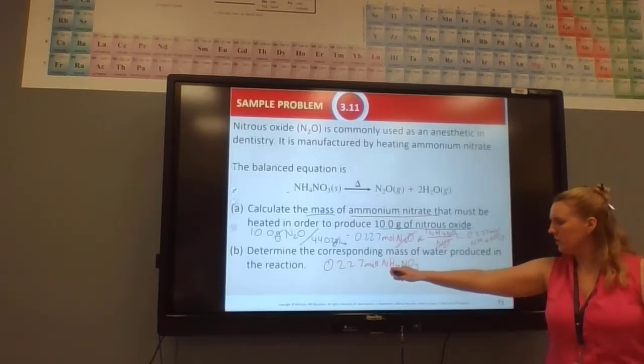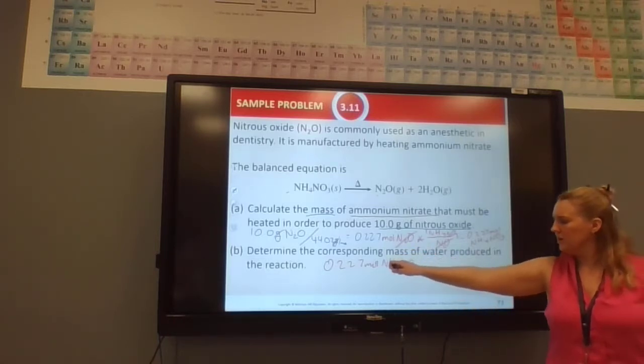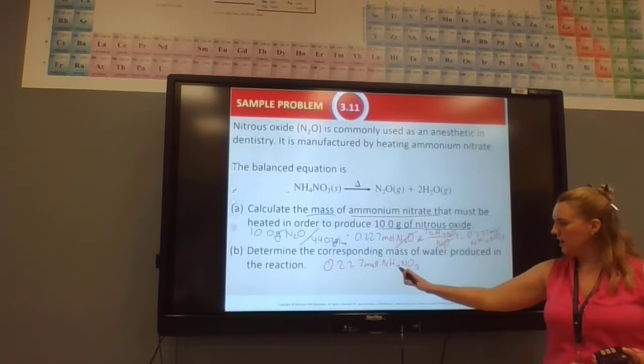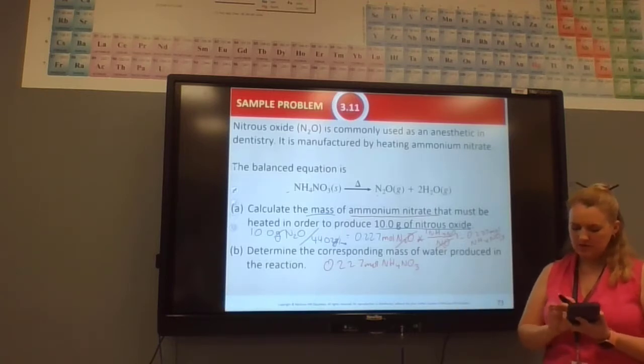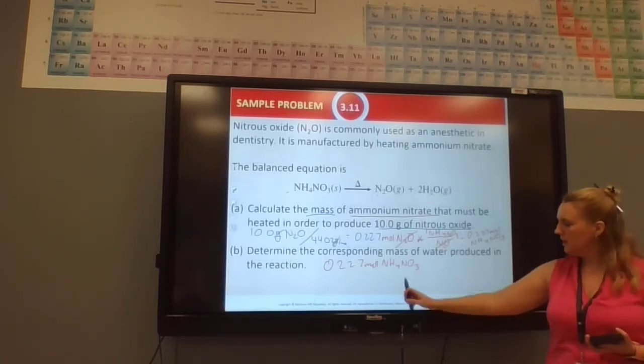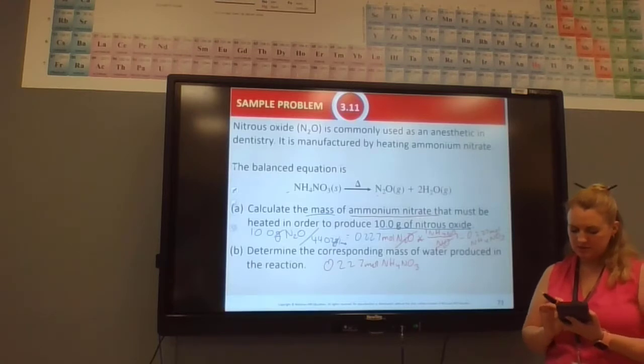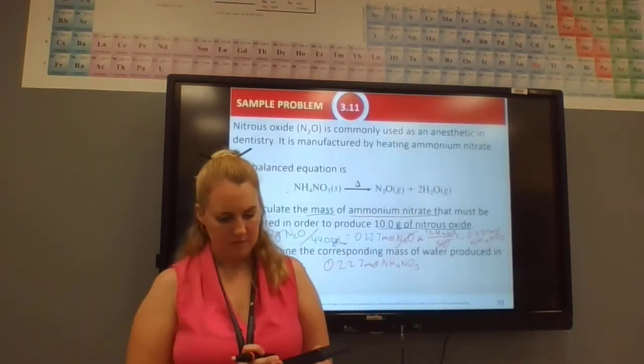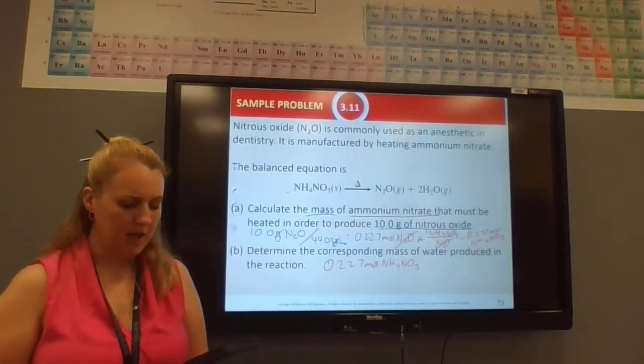So we have to add up the mass of this whole thing. I have 2 nitrogens at 14.01 apiece. I have 4 hydrogens at 1.008 apiece. And I have 3 oxygens at 16 apiece. So that's 80.05.